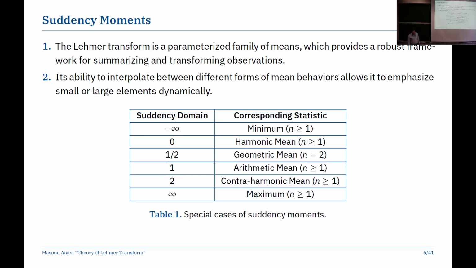The term suddency reflects how the transform responds to sudden changes in the signal. By tuning the parameter S, one can emphasize different aspects of the data. For instance, when S is small, one deals with statistics like harmonic mean, which dampen the impact of large values and are more robust to outliers.